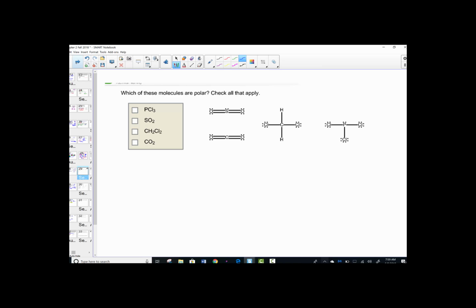Which of these molecules are polar? Check all that apply. I'm going to redraw these and kind of think with you a little bit. Let's draw this one. Here's sulfur. See those dots? Here's the oxygens. Now notice what I've done. I drew them with a better molecular geometry. This is a 3-2-1 molecular geometry.